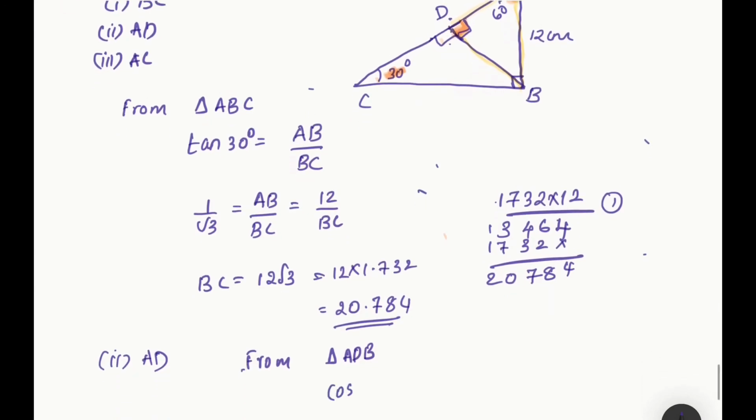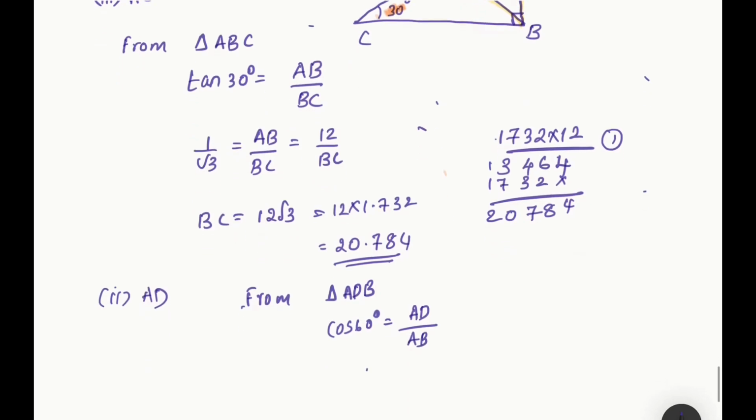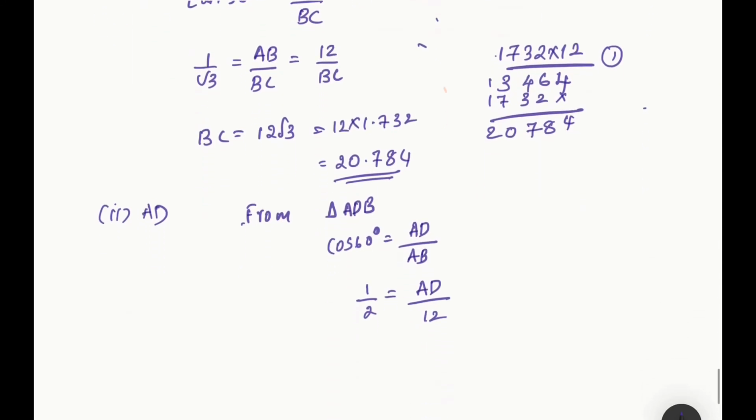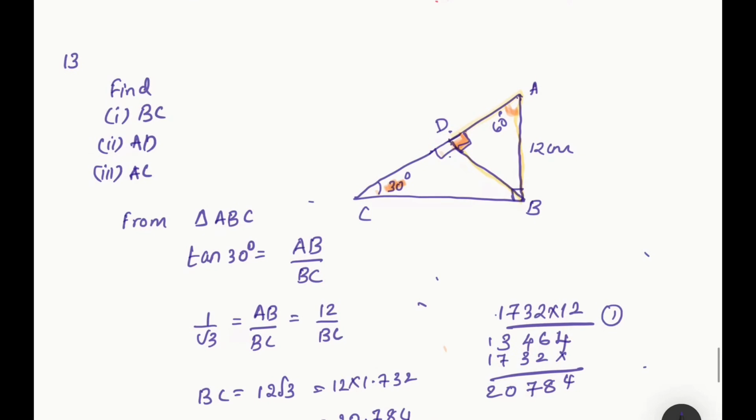So cos 60 equal to AD by AB. Cos 60 is what? 1 by 2 equal to AD by, what is AB? AB is 12. So we'll get AD is equal to 12 by 2, that is equal to 6 centimeter. So we'll get the value of AD as 6 centimeter.